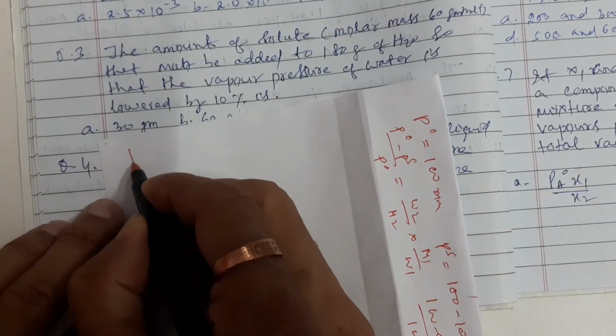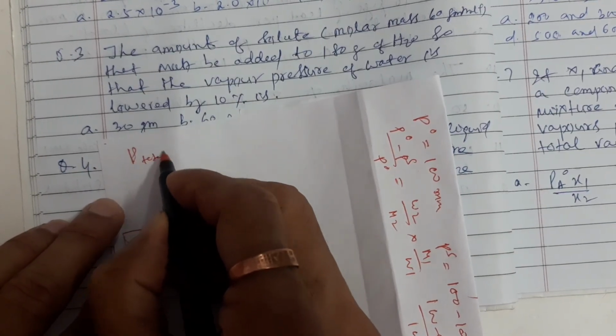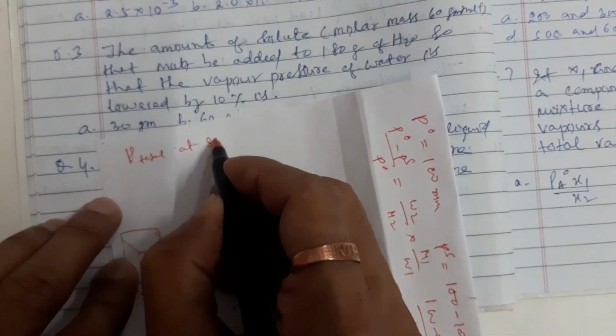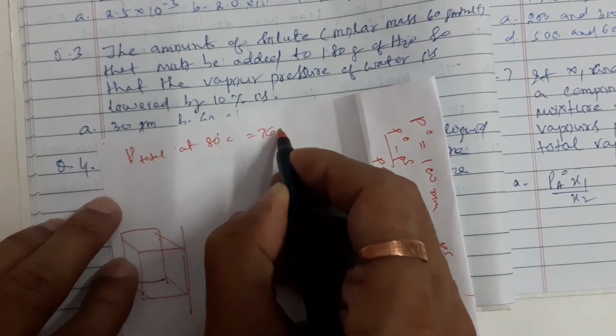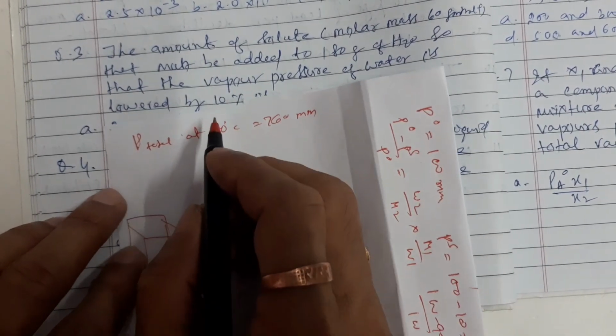The total pressure at 80 degree centigrade is 760 mm.